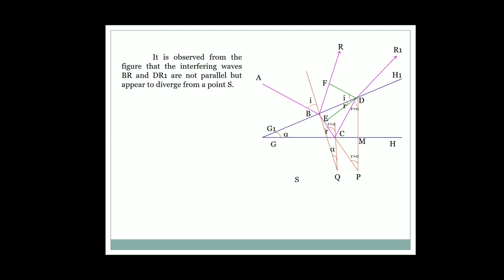It is observed that BR and DR1 are not parallel, even though we have to suppose that those two rays are coming from the source S. So these two rays travel different distances and come from the same virtual source S, and can form an interference pattern.